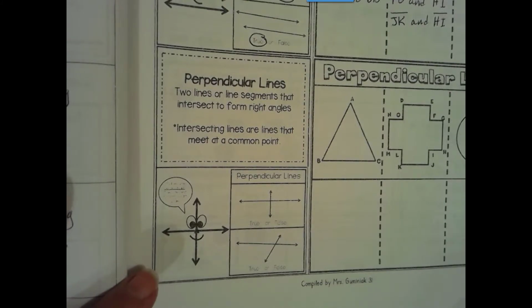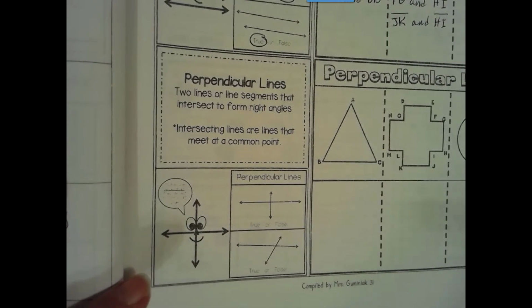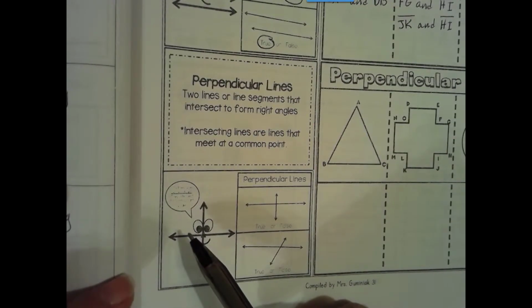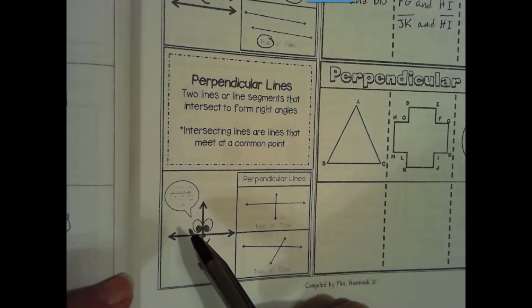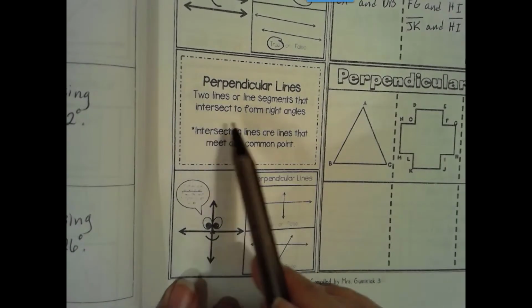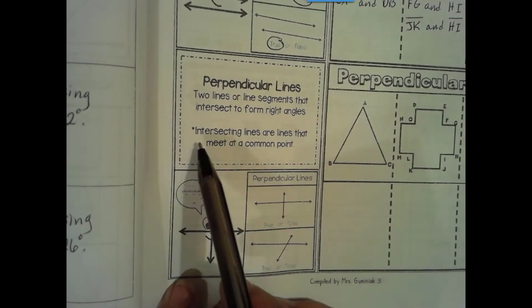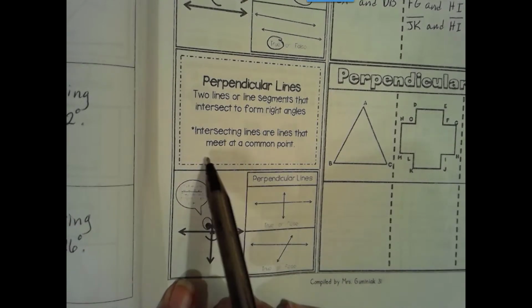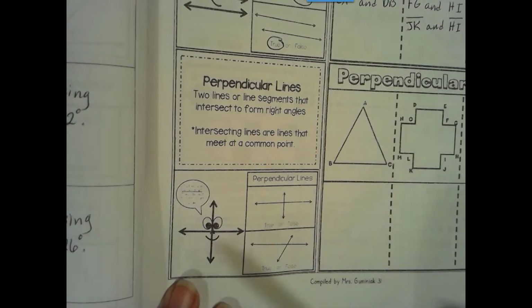Okay, now let's look at our perpendicular lines. And this guy here is saying my lines are perpendicular. They intersect to form a right angle. Two lines or line segments that intersect to form right angles. Intersecting lines are lines that meet at a common point, or they cross each other.